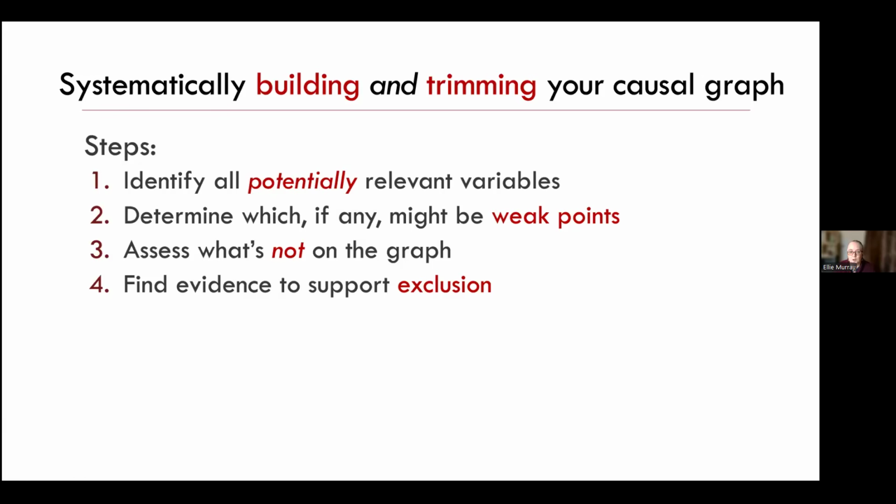The second is to determine which, if any, match those weak points we identified or make weak points that we didn't identify before. The third step is to take a step back and think about what is not on the graph and whether or not those things should be on there. And then the last step, try to find some evidence to support exclusion of things that are not on the graph. And as we'll see, this is probably the hardest of the whole part for various reasons.